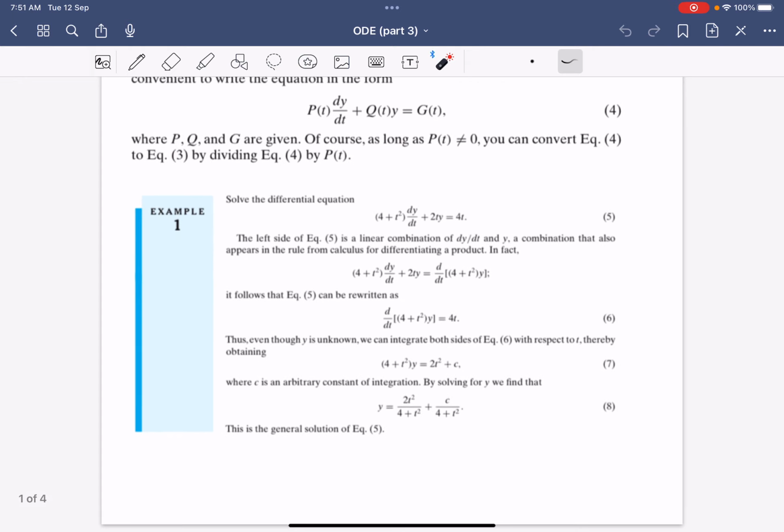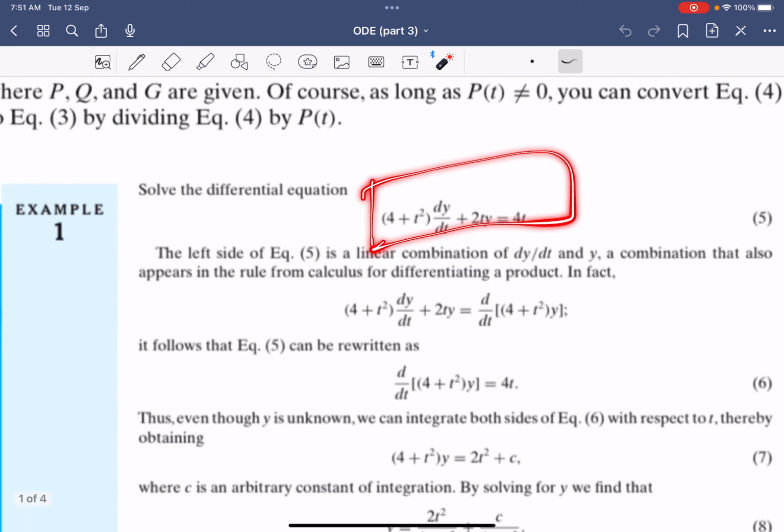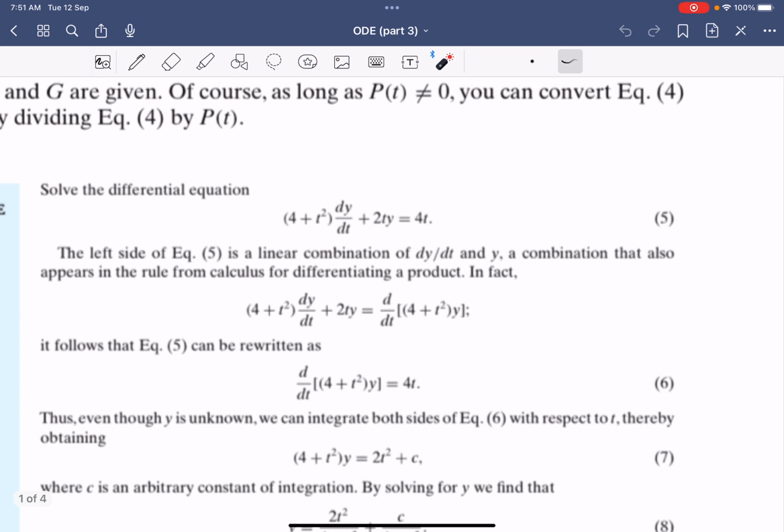So how do we solve such an equation? Well, we'll come up with a method later on, but let's take an example to see how the method works first, or how we'll think of the method. We solve the differential equation of the following form, and what do we recognize? We recognize that the derivative of this function is this left hand side.